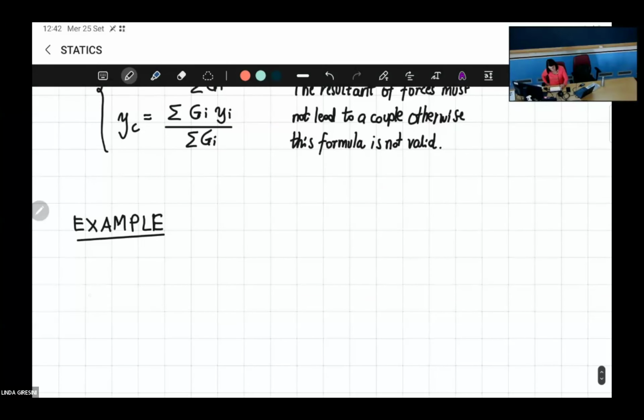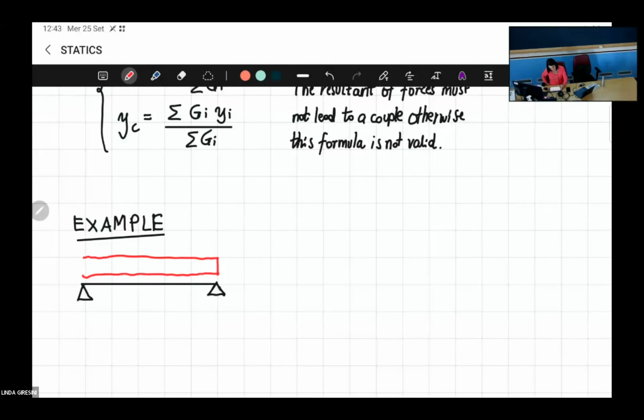So we have a beam. These are the supports. Don't worry if you don't know what supports are. They are just two supports of a beam. And this beam is loaded by a constant distributed line load.